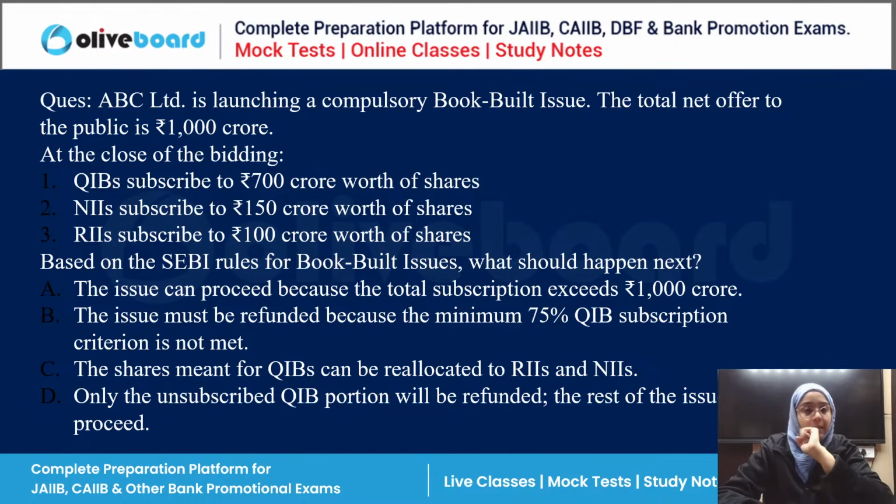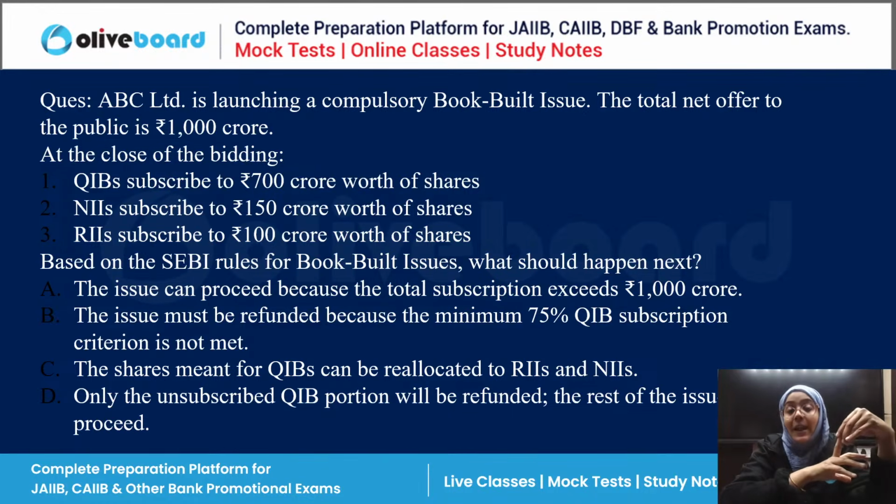Tanya says B. Yes, the correct answer is B. For a compulsory book building issue, I have told you three things. First, at least 75% should be allocated to the qualified institutional buyers, and if it is not allocated, then the whole subscription must be refunded.